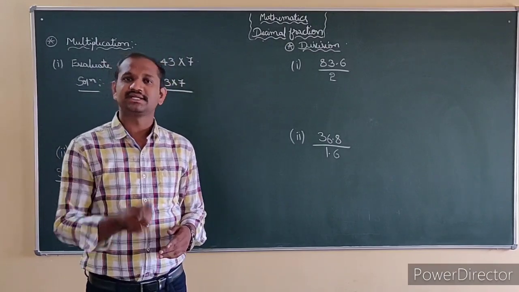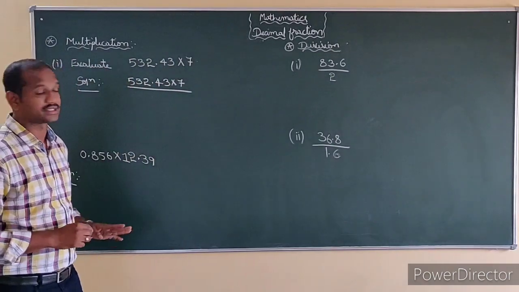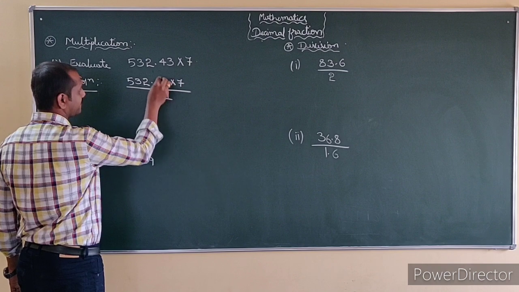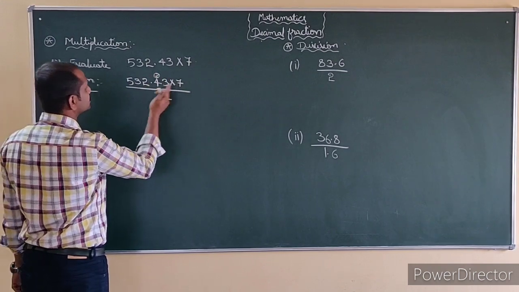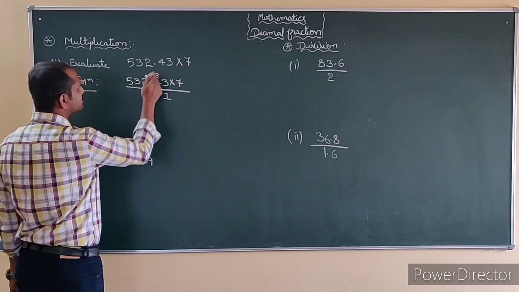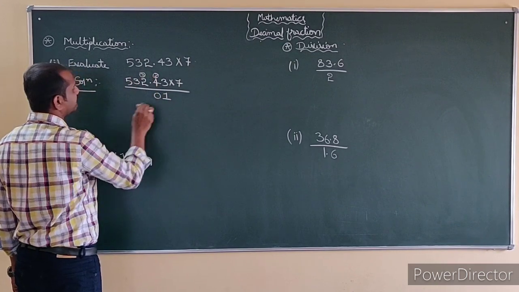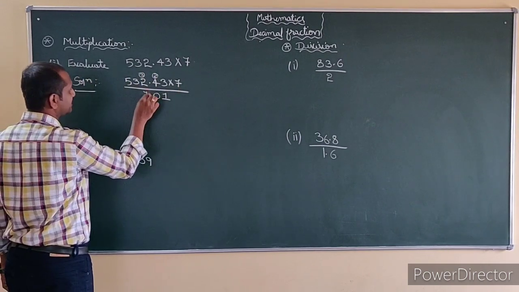If you know the tables, it's just a matter of a simple time to solve this. So 7 3s are 21, you know that, 1 to carry. So how much? 7 4s are 28 plus 2, 30. So 0, 3 is a carry.